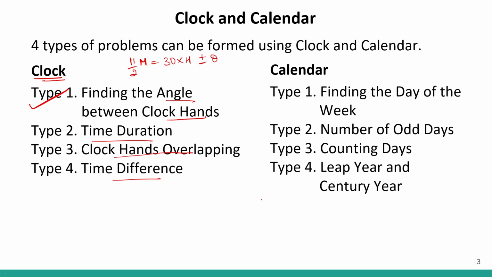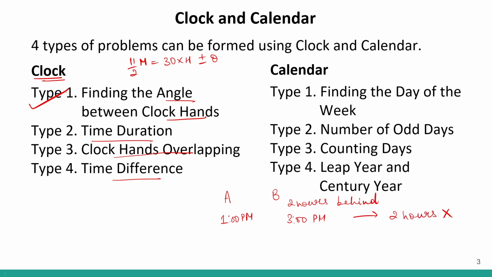Now, one more concept was there. For example, if a flight is going from A to B and B is 2 hours ahead, or 2 hours behind, let's say. B's time is 2 hours behind A. So let's say a journey starts from 1 p.m. and over here at B it lands at 3 p.m. So you will say that the duration of the flight is 2 hours, but this is wrong.